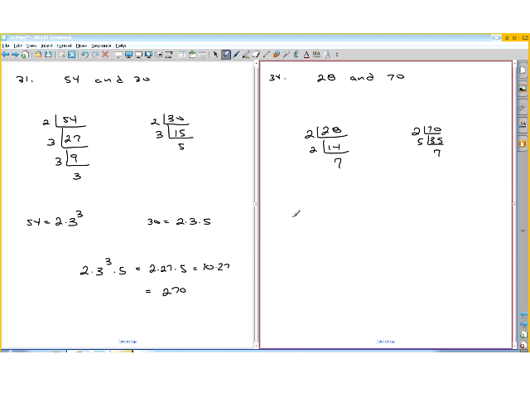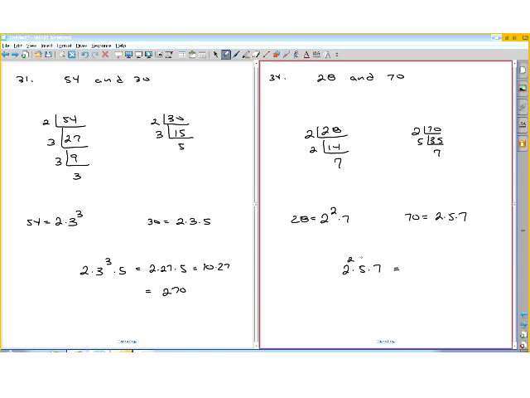So we can say that 28 is equal to 2 squared times 7. And 70 is equal to 2 times 5 times 7. So we take 2, 5, 7, and we use the highest power that we have.